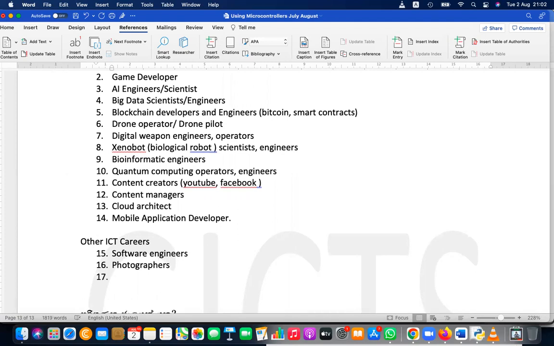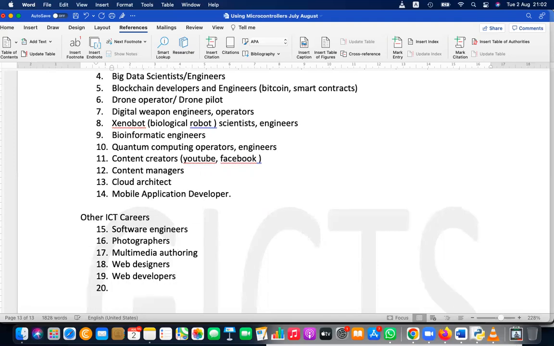Then multimedia, video editors, authoring, all belong to this category. Photographers, graphic editors, video editors, animators, web designers, web developers.